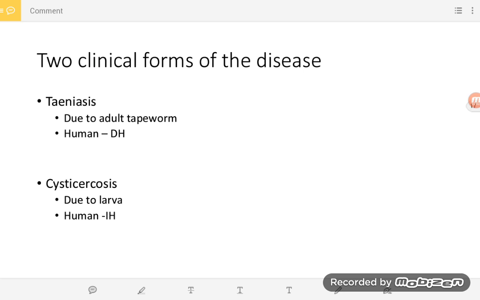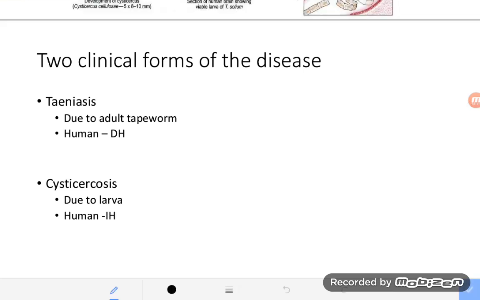In the other situation, the egg may be the infective stage. In teniasis the infective stage is larva. But in cysticercosis, the next disease, the infective stage is egg, right?